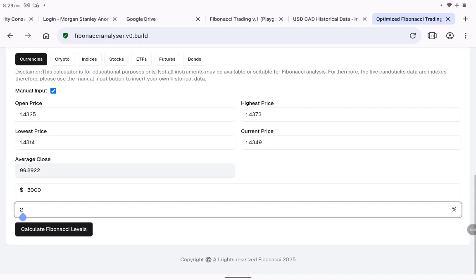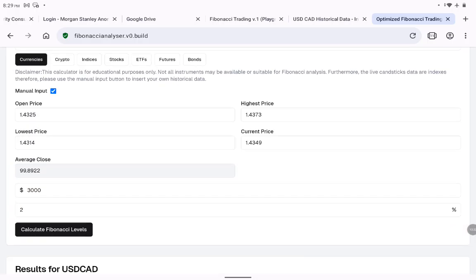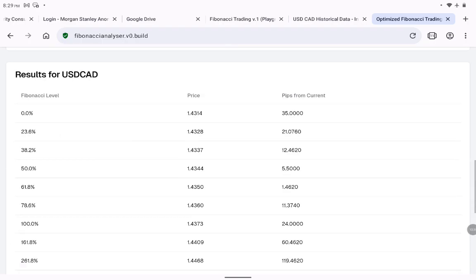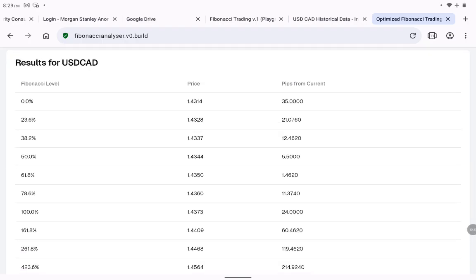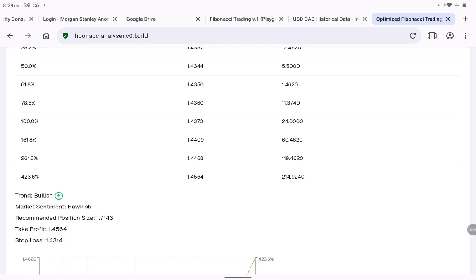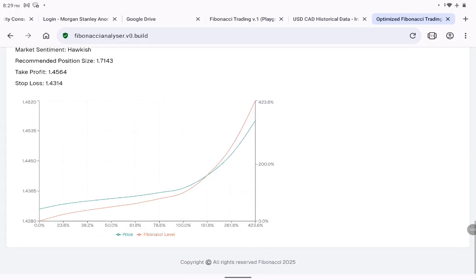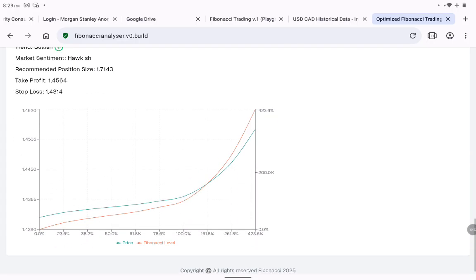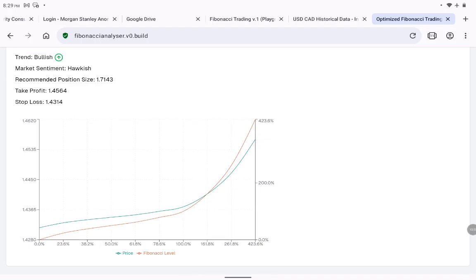So we go ahead and click calculate. On the first table, what you're seeing is the Fibonacci levels, the pips from the current price, right? Oh yeah, it's also here, it's a bullish run, right? And it intersects from the y and x axis on Fibonacci level 161.8.